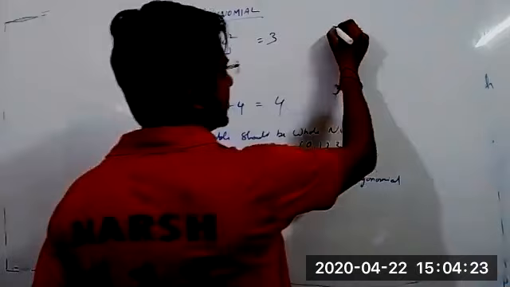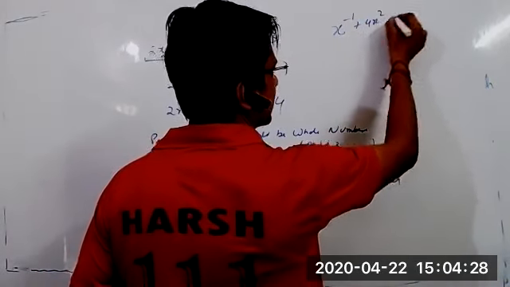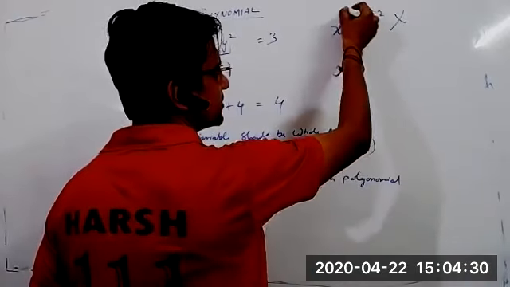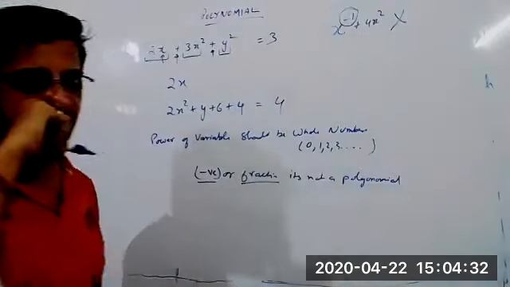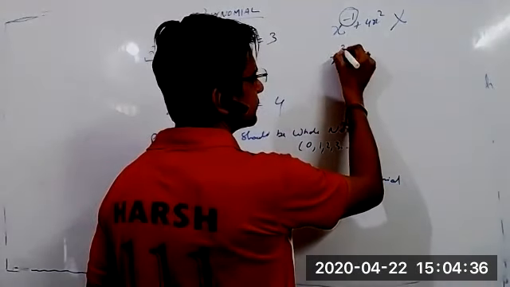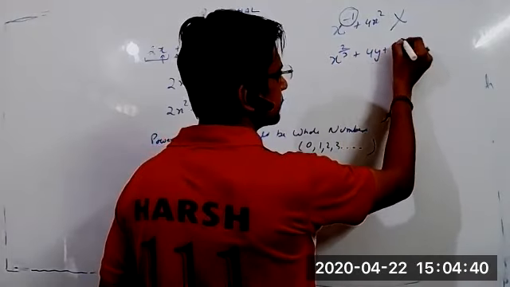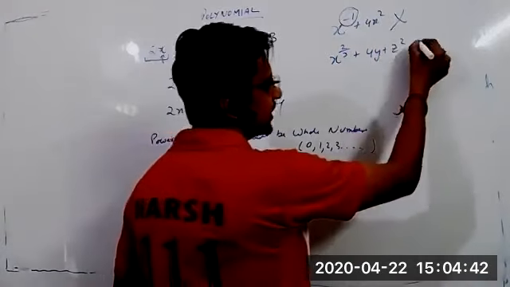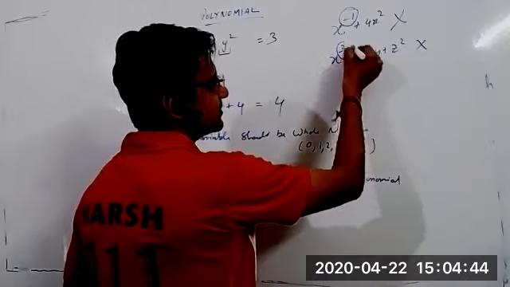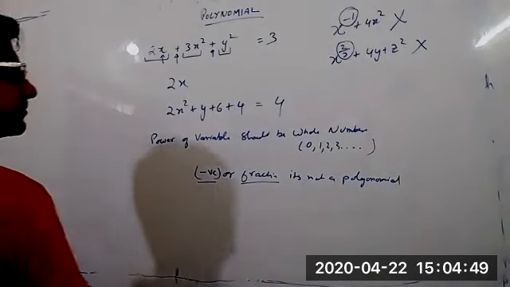If I say this, it is not a polynomial because the power is negative. If I say this, it's not a polynomial because the power is a fraction. Is it clear?